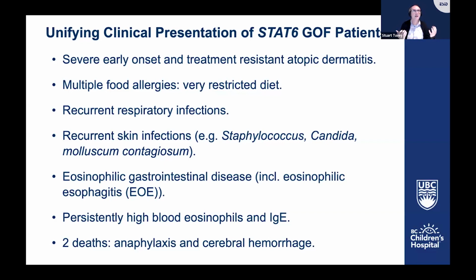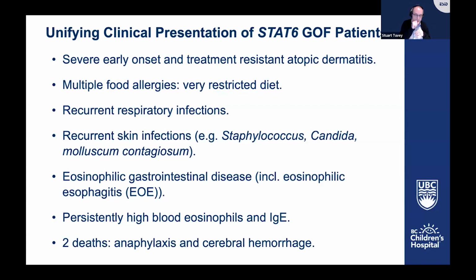And so, just as we'd heard previously, it's very hard to get to these diagnoses through standard clinical, cellular tools. So we really encourage people to move forward to genetic testing quickly in patients with suspicion of these conditions. But as highlighted, it's essential to be aware that if we're using a panel, the panel may be limited, and most panels, for example, do not include STAT6 at this stage.